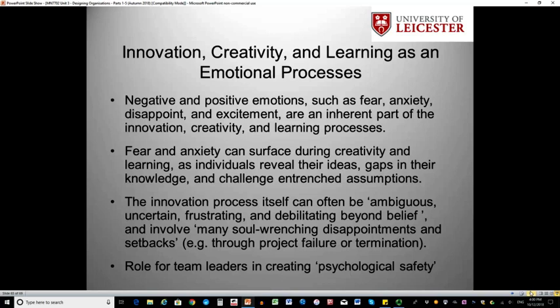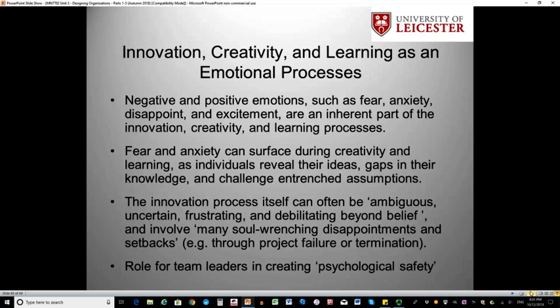So we need to think about what activities in the innovation process bring about negative emotions, things like fear and anxiety, disappointment, but also those that bring about positive emotions such as excitement, and see how we can reduce the negative and embrace the positive to promote the innovation process.